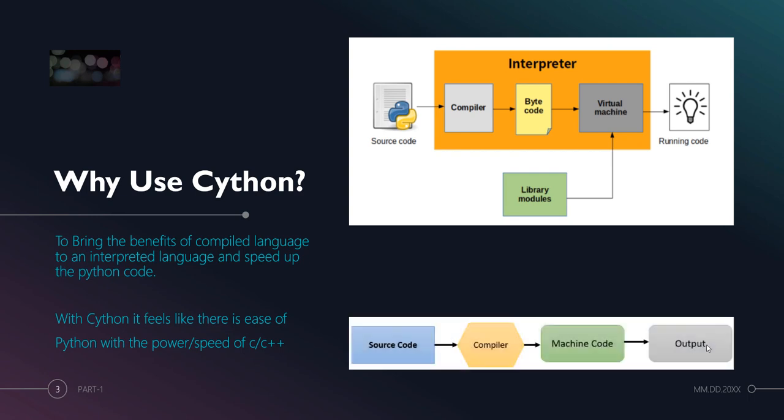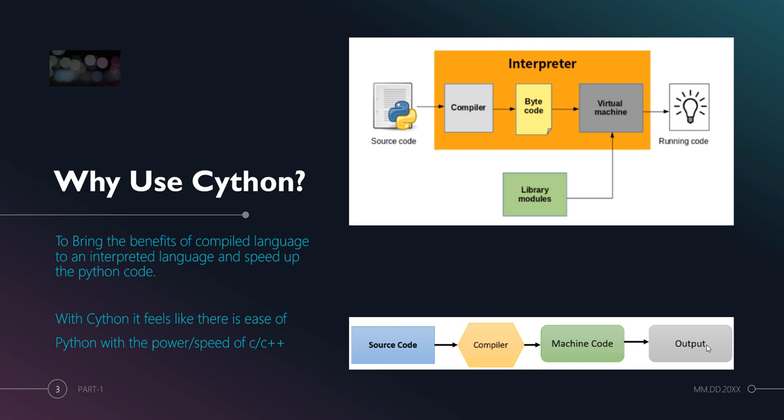However, if we compare this with the block diagram of the usual compilers for C and C++, they take the source code and convert it into machine code. This machine code can directly run on the architecture, and it is very fast compared to the interpreter.